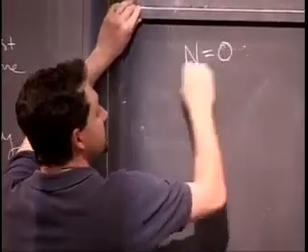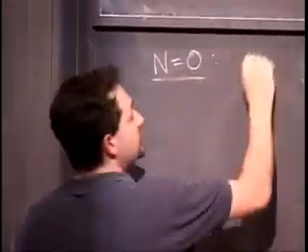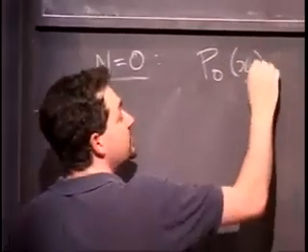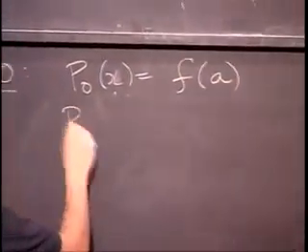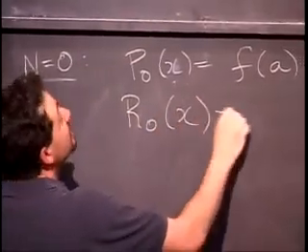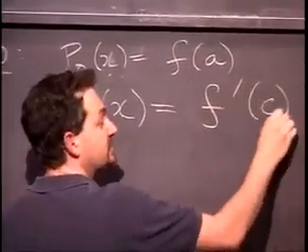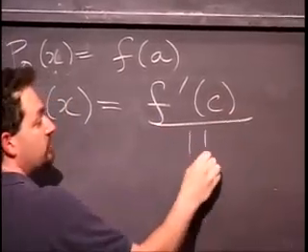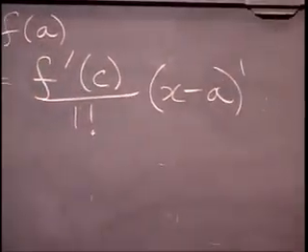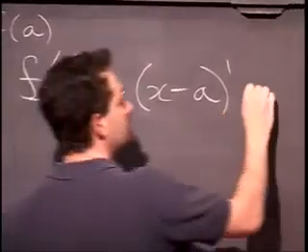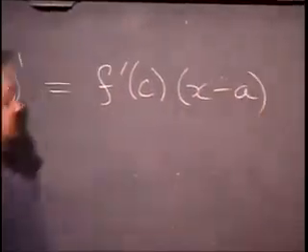Now, what happens if n equals 0? Let's just put this in context here. Suppose n equals 0. Well, P0 of x is just the first term, f of a. Whereas according to the formula, R0 of x is the first derivative at c divided by 1 factorial times x minus a to the 1, otherwise known as f prime of c times x minus a.